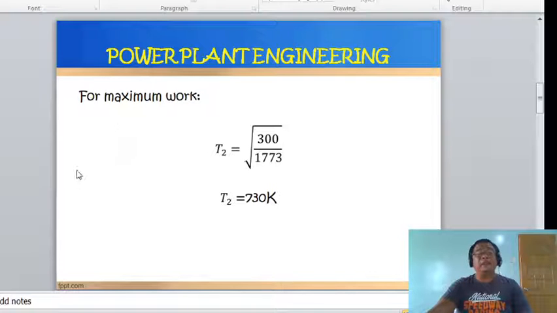Take note, class, T sub 2 equals 730 Kelvin. The problem is very easy. If you solve this type of problem alone, you can easily determine the temperature required.